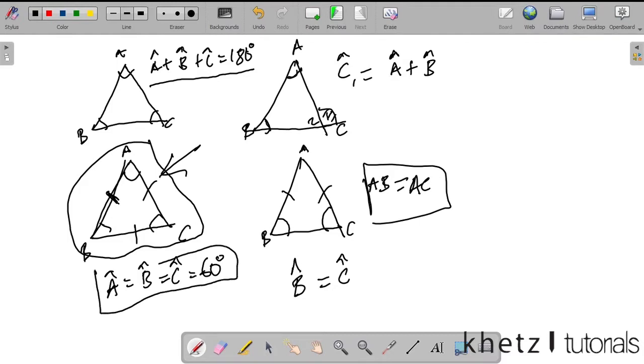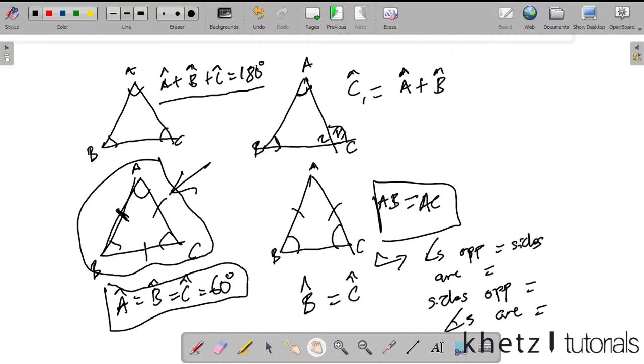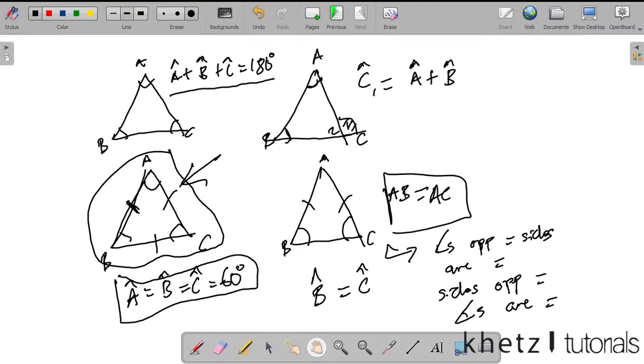So this one finally says angles opposite equal sides are equal, or sides opposite equal angles are equal.